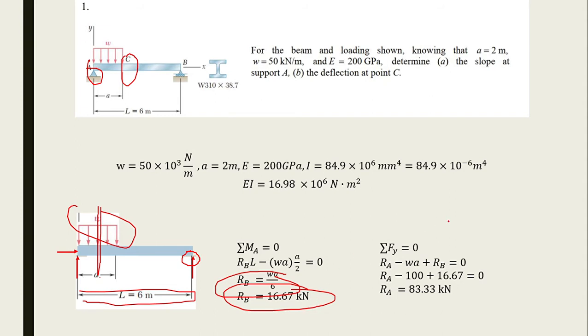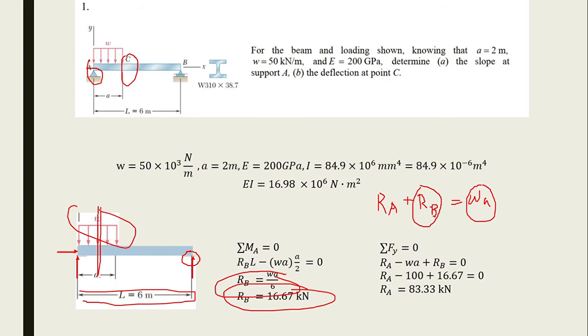Then for the reaction force in the Y direction, R_A minus omega A plus R_B equal to 0, or we can also write it as R_A plus R_B equal to omega A. Then we input the numbers that we already have: R_B is 16.67 and omega A is 100.